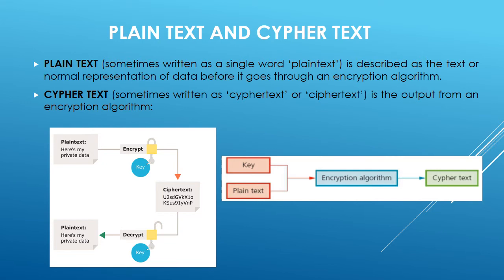In the diagram, you can see a message that is known as private data or plain text. Using any of the encryption algorithms or an encryption key, it is converted into an unreadable form, which is known as ciphertext. When this ciphertext is decrypted using the decryption key, it becomes again the plain text or the private message.